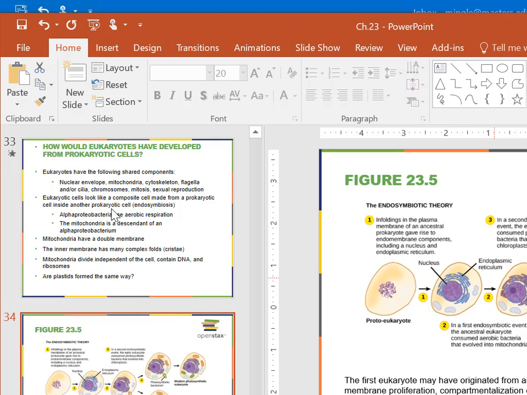In secondary, a cell engulfs another eukaryote. Eukaryote with a chloroplast already. And so in this, you would expect to see some remnants of that original cell.